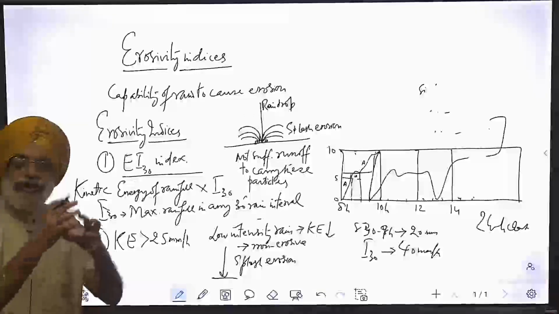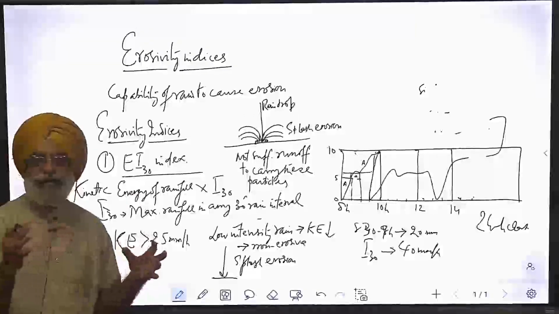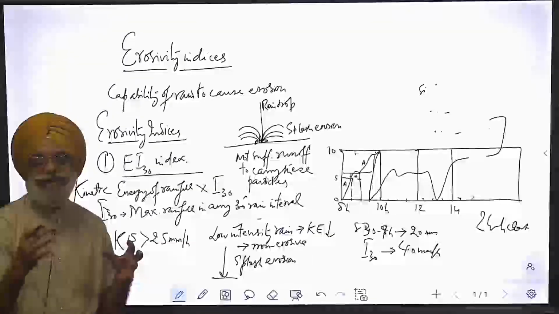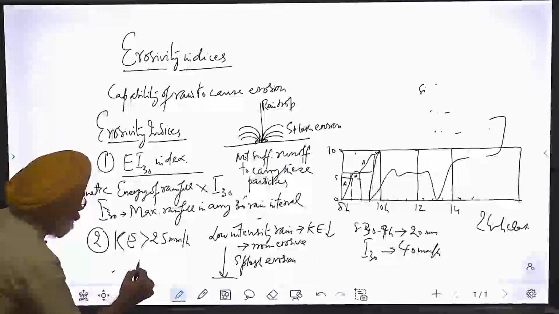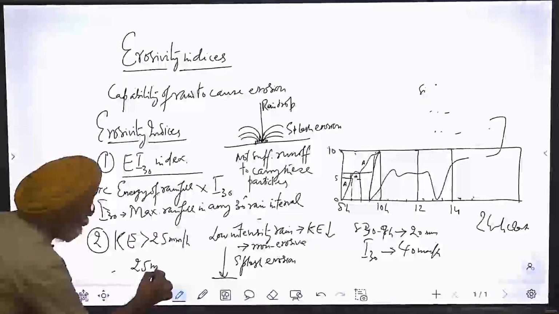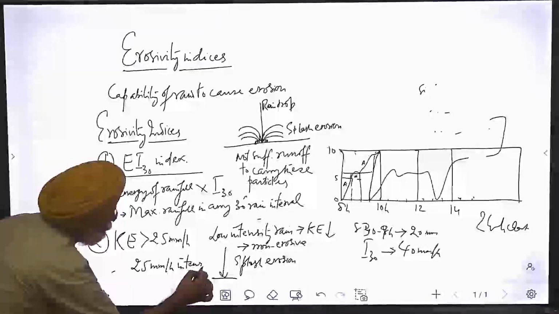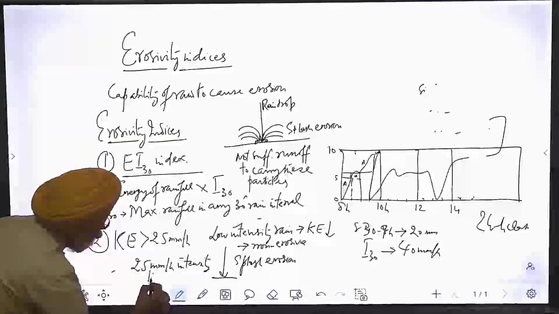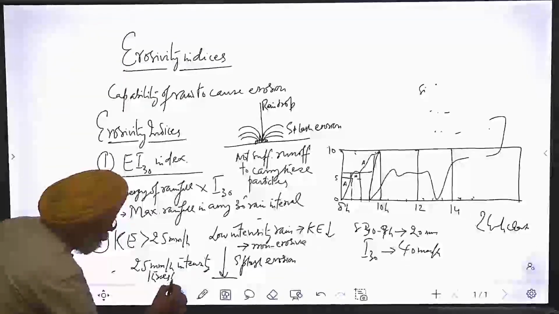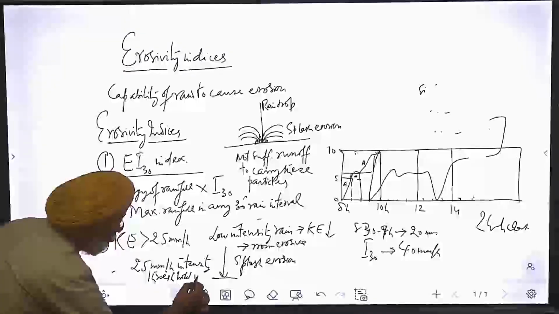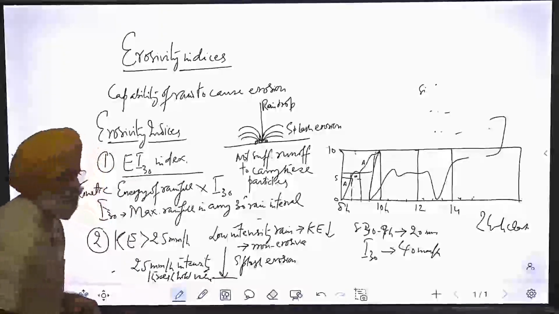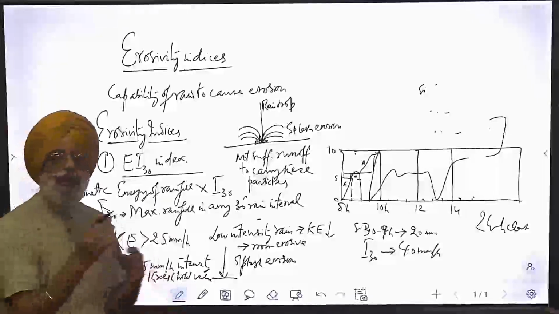Then you know, experiments were carried out in different parts by the scientists, and they came to the conclusion that 25 millimeter per hour intensity is basically the threshold value between erosive and non-erosive.